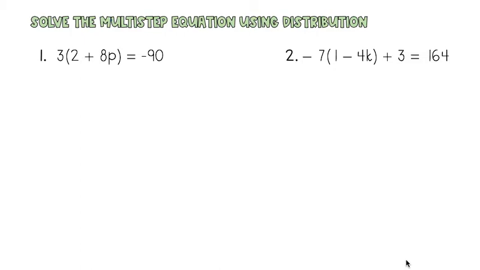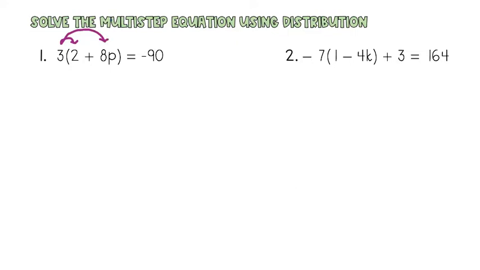Let's take a look at practice problem number 1. We have 3 parentheses 2 plus 8p parentheses equals negative 90. So I'm going to use the distributive property in order for us to multiply. I'm going to draw my arrows because the number on the outside is going to be multiplied times everything on the inside.